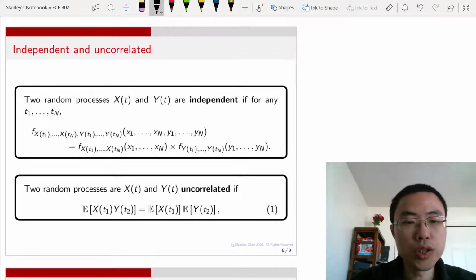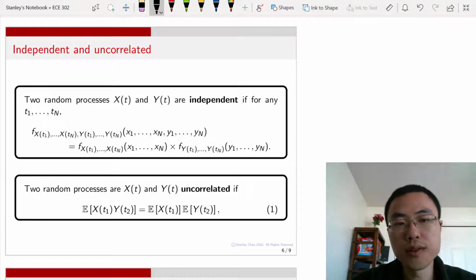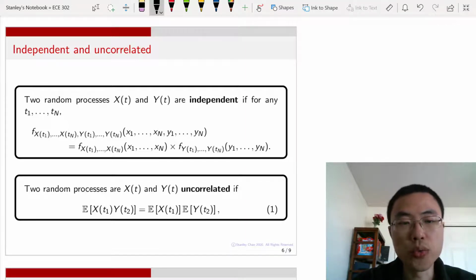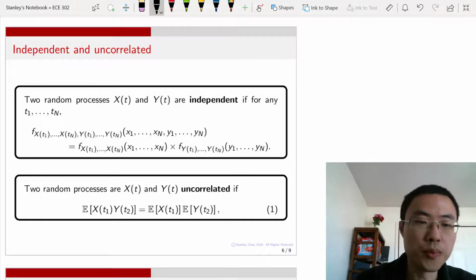So I want to introduce another concept, which is the concept of independent random processes. Now I want to make it clear that independence is not just related to random variables. You can apply it to random processes as well. In random processes, the way to define independence is somewhat complicated, okay? But we can try to understand a little bit.